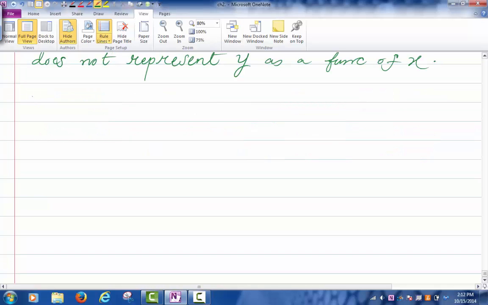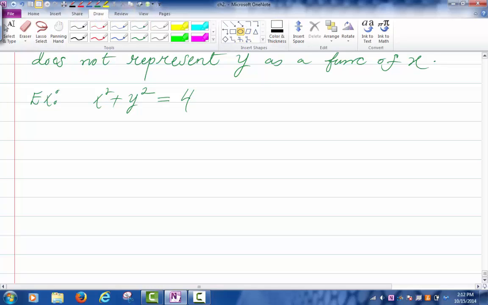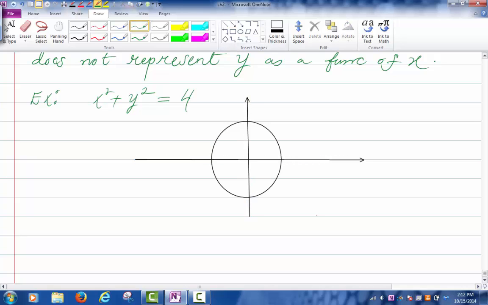An example of that is the equation that we just looked at. If I look at the equation x squared plus y squared equals 4, what's the graph of that? The graph of that is simply a circle of radius 2 centered at the origin, and the graph of this equation is the entire circle.